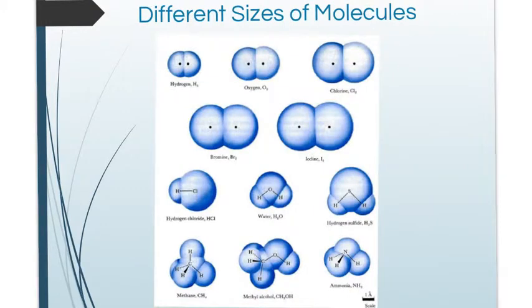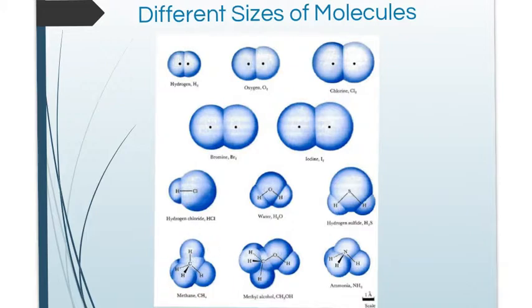And here is looking again at different sizes of molecules. So for example, hydrogen gas has 2 little hydrogen atoms. Look at, for example, hydrogen gas compared to hydrogen sulfide, which in certain combinations can be a deadly acid. Water, a lot bigger than hydrogen gas. But if we look at chlorine gas, which can be combined with sodium to make salt, that's a lot larger. Or iodine.